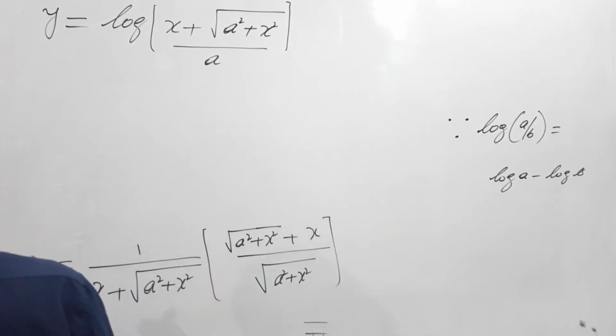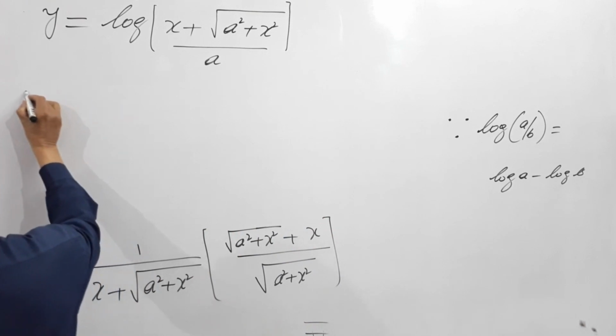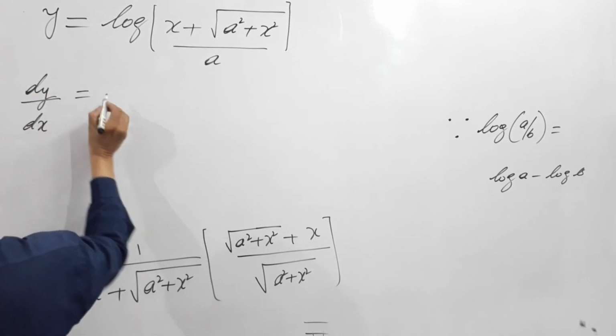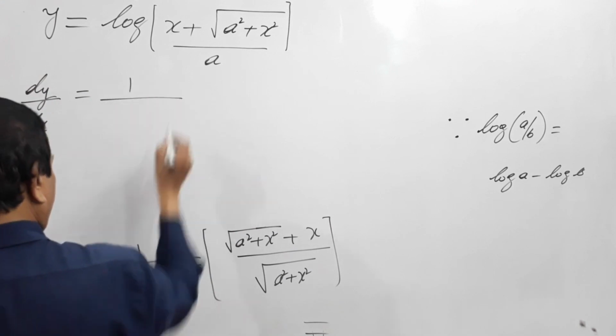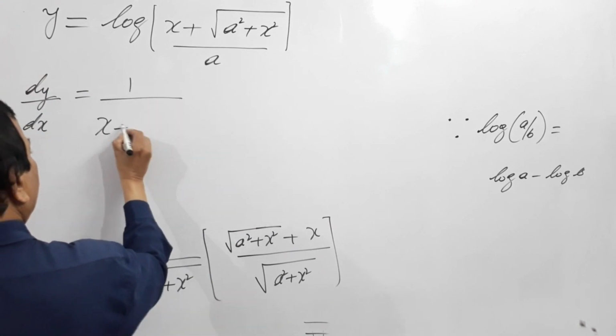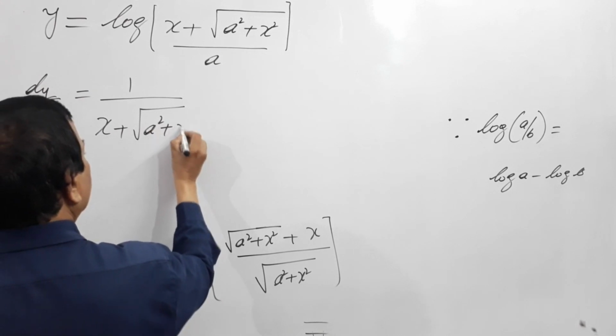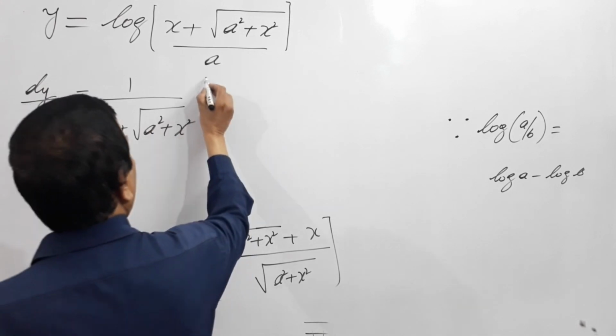So let us rearrange this. On the left hand side we have dy by dx equals 1 by x plus under the root a square plus x square.